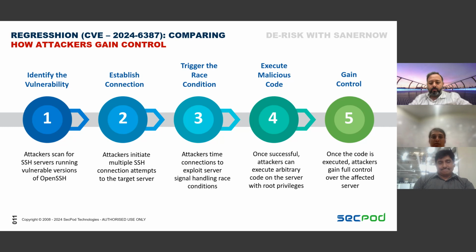Sometimes there are other servers where they store all the cryptographic keys. If they are able to steal those cryptographic keys, that will lead to much bigger disasters. So yeah, that's how the attackers will be able to penetrate the infrastructure using these vulnerabilities. All right. Okay.